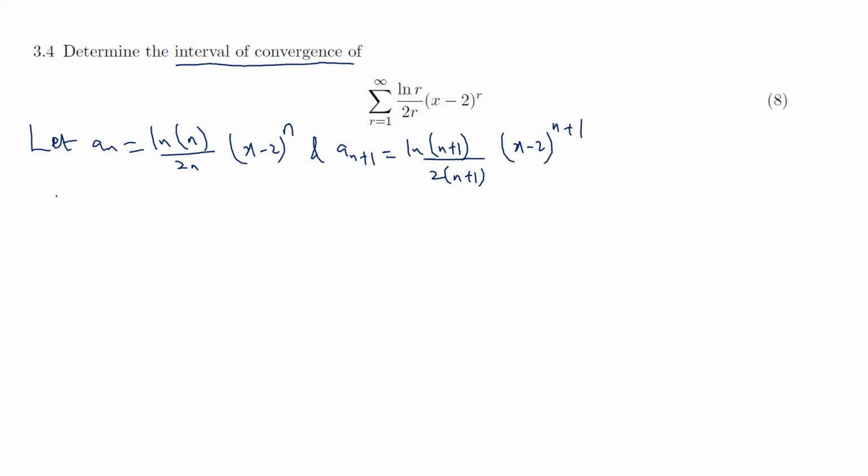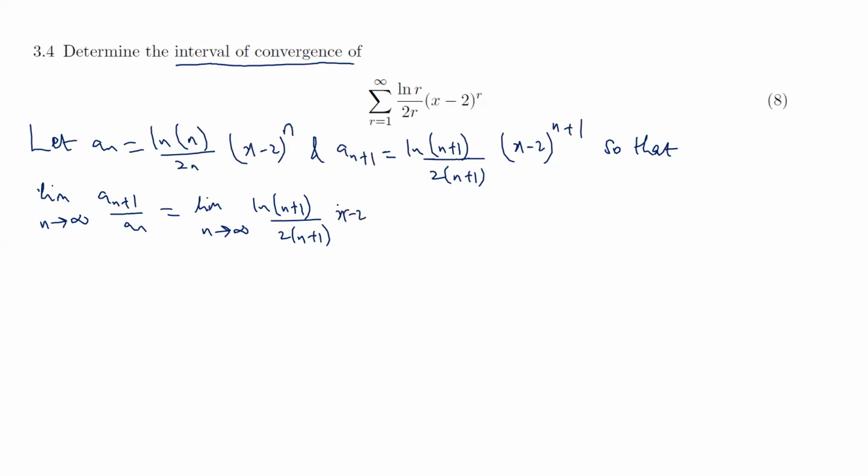So now, as n approaches infinity, you multiply by the ln of n plus 1 over the ln of n.